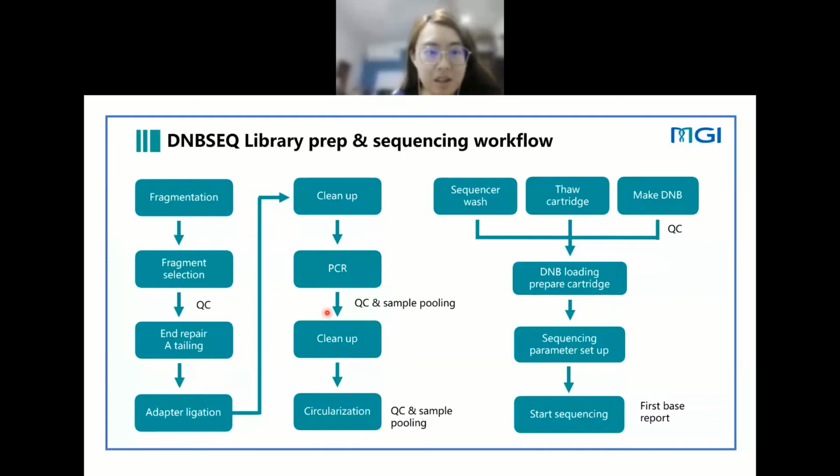These steps are quite common across all the sequencing platforms, but what is unique to MGI is this part here, the circularization, where we take our double-stranded DNA library and make it into a circular library. I will explain more in the subsequent slides. And then, of course, the rest of this workflow is quite common among NGS platforms. We have to do some maintenance on the sequencer and then do some preparation before we can run the sequencing.